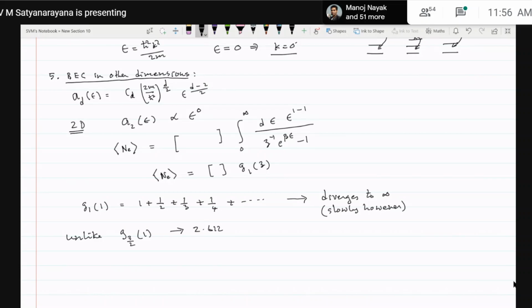So this diverges, which means there is no upper limit on N. That simply implies that there is no Bose-Einstein condensation.